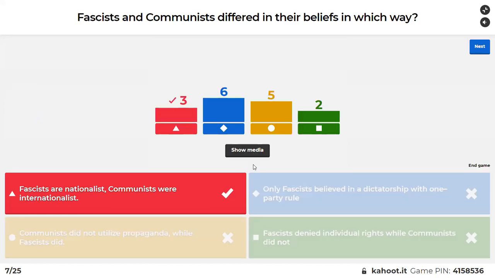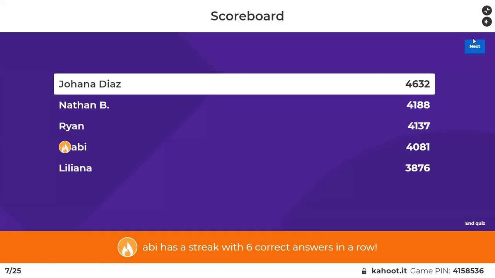Fascists are nationalists, really strong belief in one's country. Went over that at the beginning. Communists wanted this international takeover. Also, communists believe in a command or centrally planned economic system. Fascists believe in capitalism, market economies, free enterprise to make as much as you can.